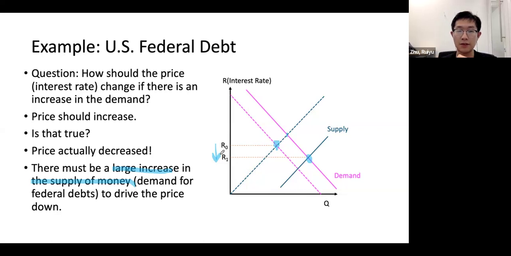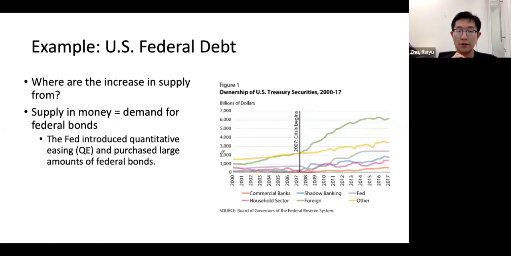So now the problem is where this increase in supply comes from. So remember here, the supply side, which is the supply of money, is equivalent to demand for federal bonds. Because when they supply money, they are buying bonds, so they are demanding federal bonds. So the increase in supply is equivalent to an increase in the demand for federal bonds, right?